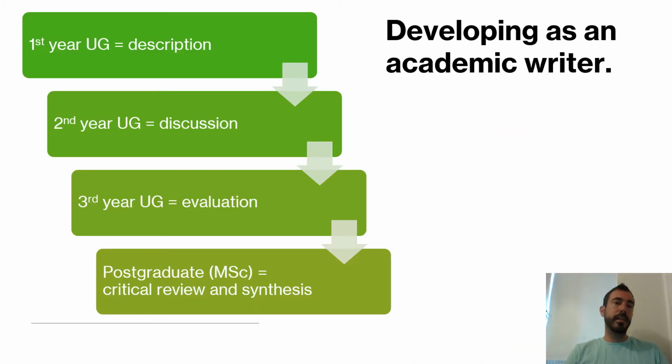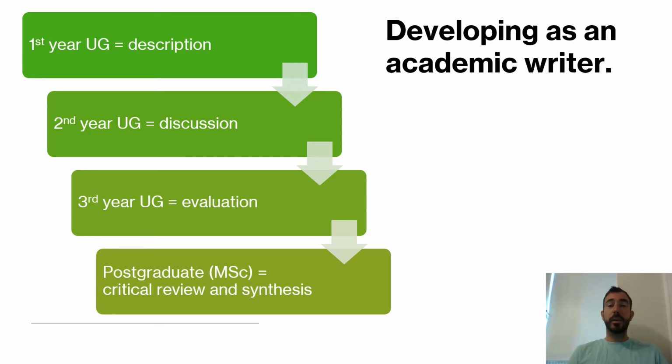Developing your skills as an academic writer is something that's built into each year of your undergraduate degree and is further extended when you do postgraduate study. First year undergraduates are expected to do description, choose relevant examples and explain why they matter.